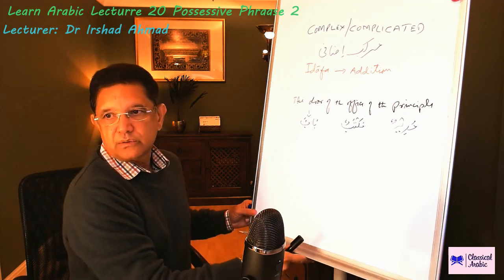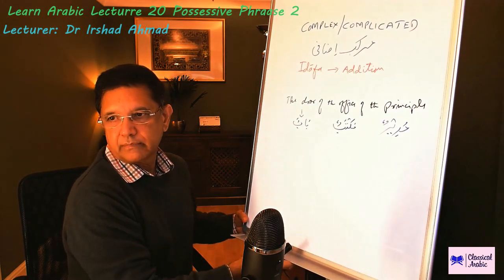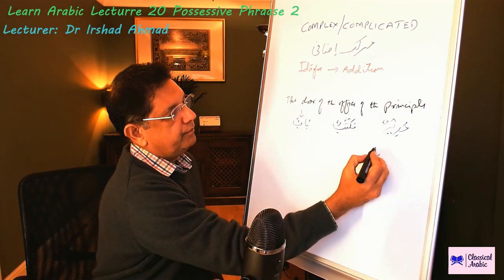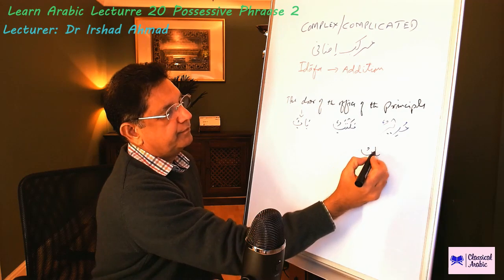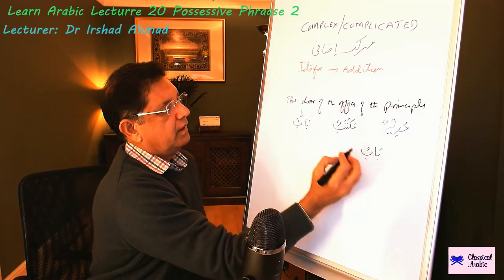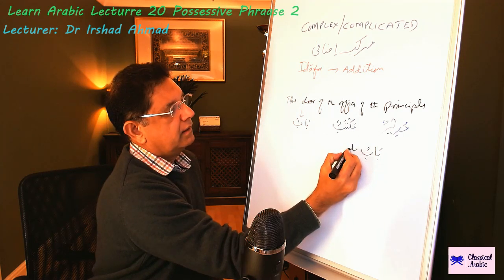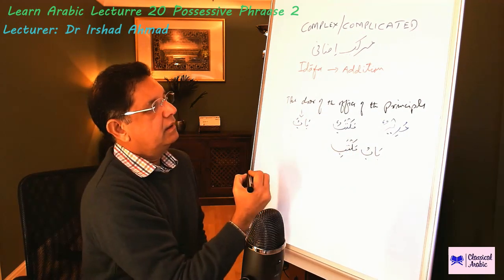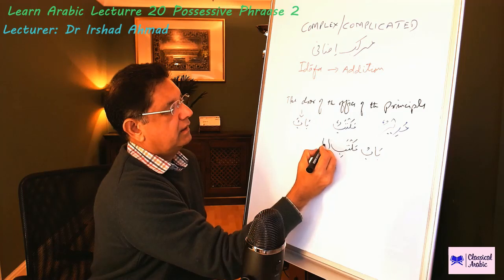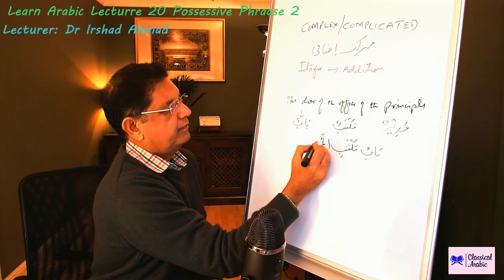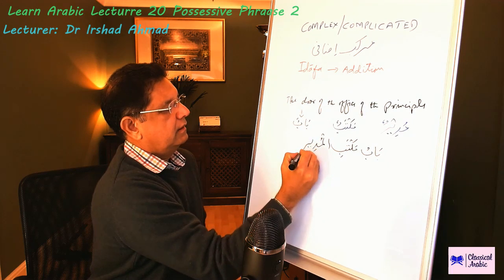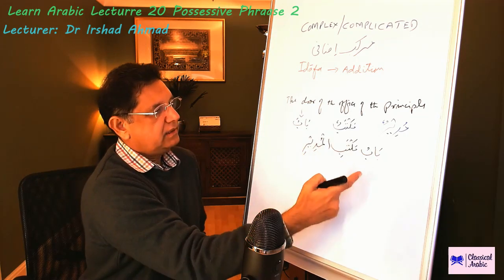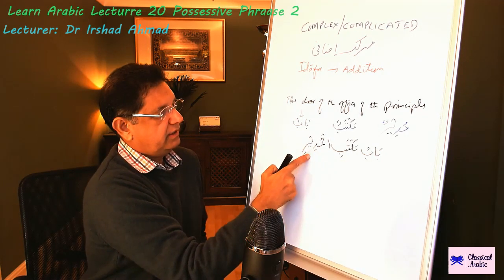So our murakkab is going to be: Bab will come first here. Babu, the door. Babu, maktabi, al-mudiri. So Babu maktabil mudiri.